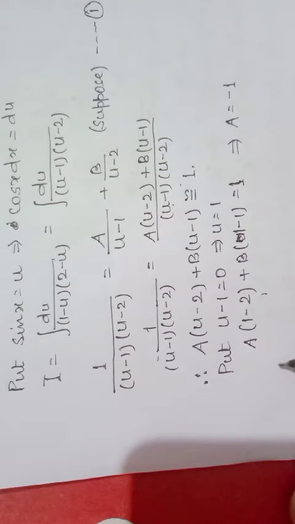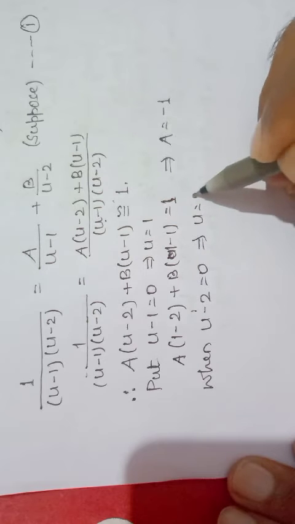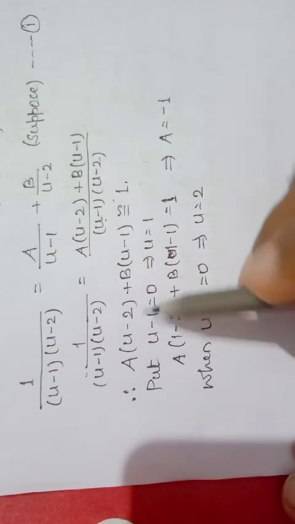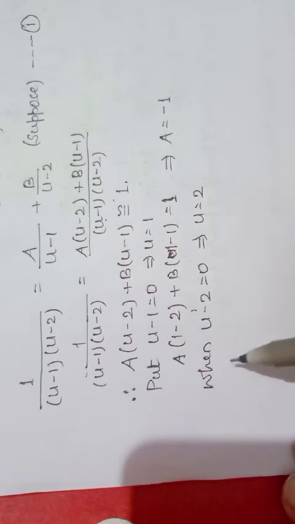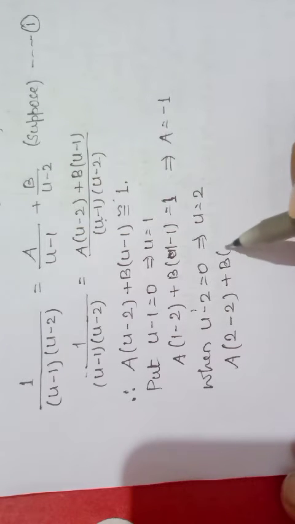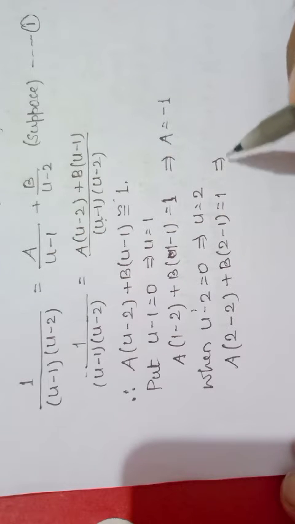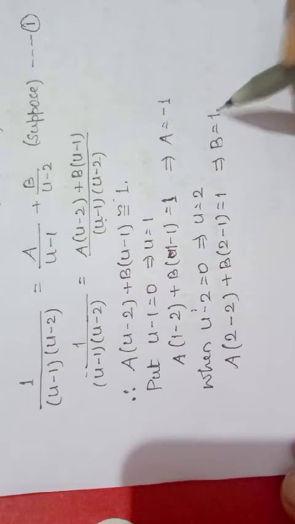And secondly put u minus 2 is equal to 0. So u minus 2 equal to 0 means u is equal to 2. Therefore from this equation, A into (2 minus 2) plus B into (2 minus 1) should equal 1, which means B is equal to 1.